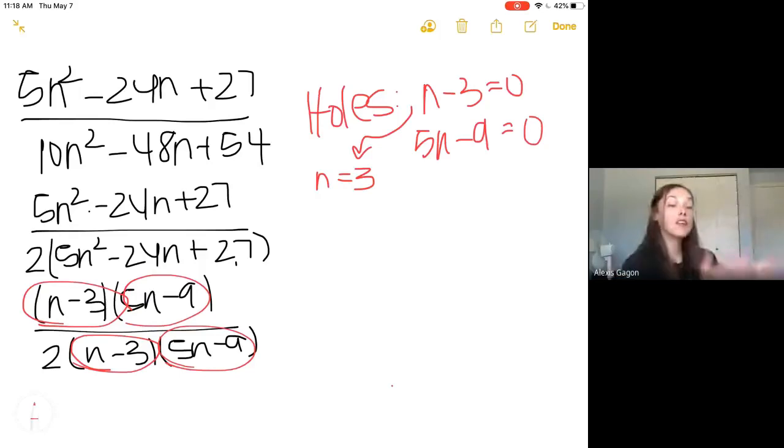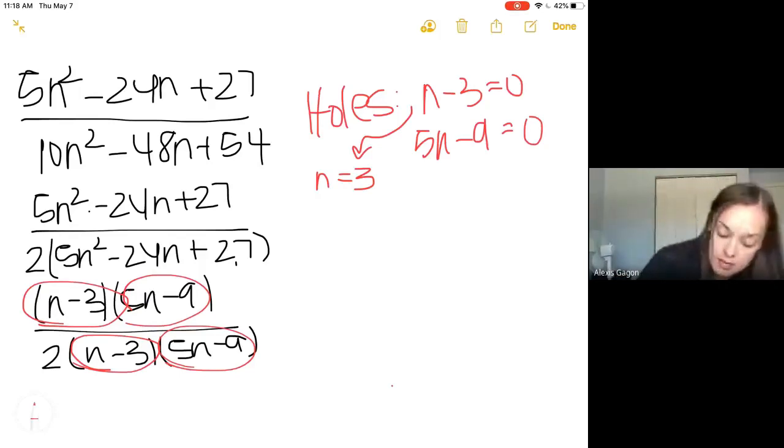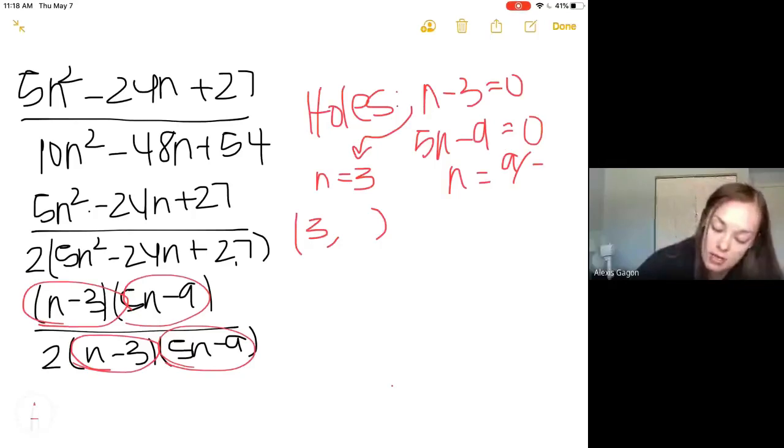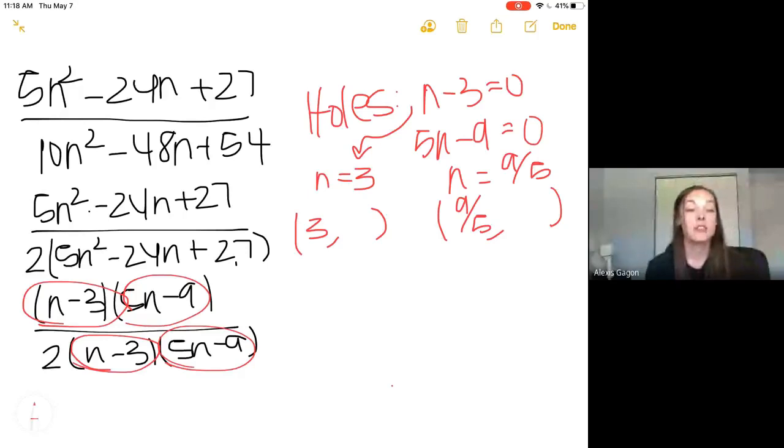Okay, and that's the first thing we solved for, which means that that is the x value. So we have some x value here of 3 comma something. Okay, if you solve for this one, you add the 9 over, you divide by 5, so you get n equals 9/5. So we have another hole of 9/5 comma something. Okay, we just got to figure out what that something is.